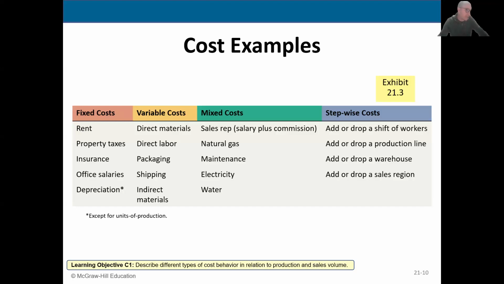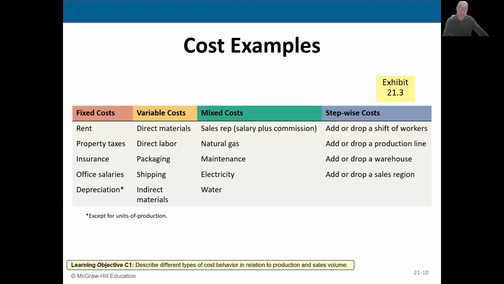Maintenance, if there's a maintenance agreement and then they send somebody out for the repair, that part's the variable cost. A water bill, same concept, starts with a service and then the variable part is per gallon, right? So those are examples of mixed costs.